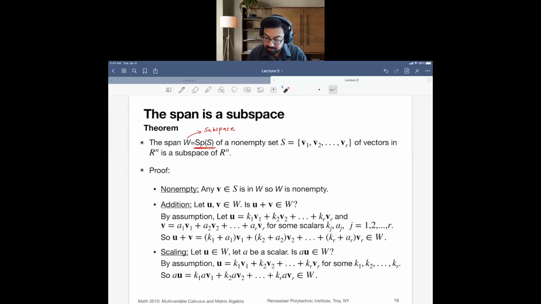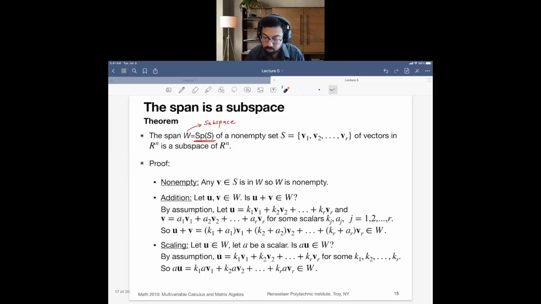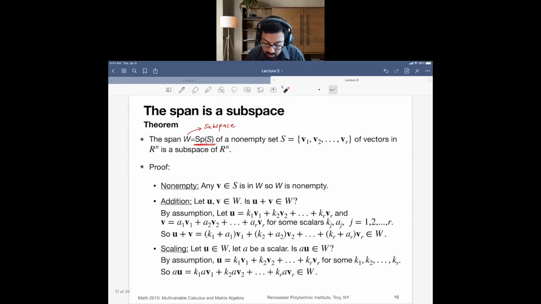So the theorem says that if you have this S as a set of vectors in R to the n, then the span of those vectors, which means all the linear combinations of those vectors, is also going to be a subspace in R to the n. So the span of S is going to be a subspace. So let's prove this. Is it non-empty?